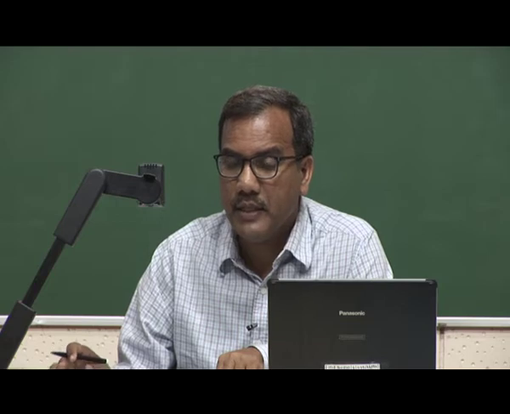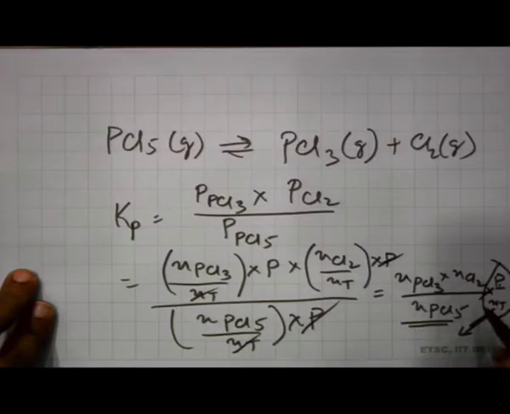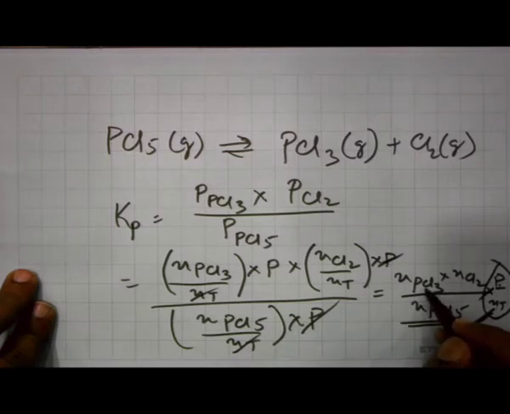So, this must increase to compensate, to keep Kp constant. Since P by N T is smaller, when will this increase? This will only increase when N PCl3 and N Cl2 increase. It means the reaction goes towards the forward direction.